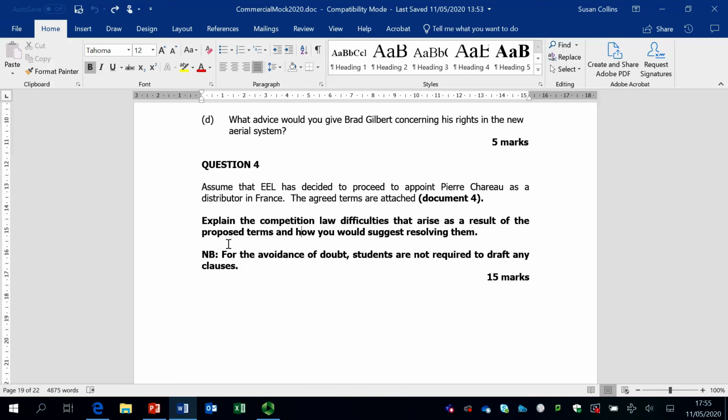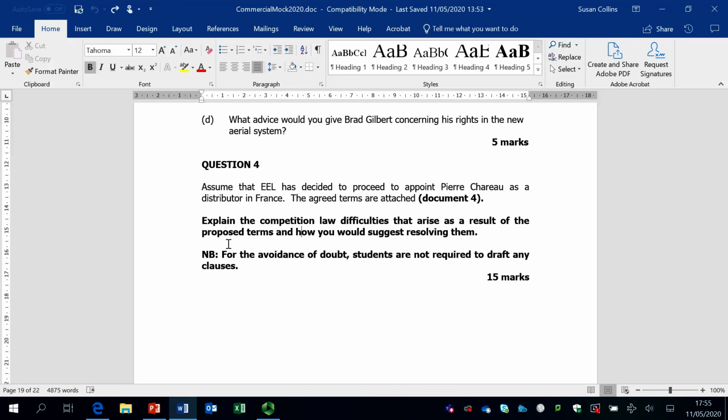You'd only do that if you were too big in terms of market share to bring yourself within the block exemption. In all of those cases, the same types of clause would cause problems in terms of things that are prohibited. So you can't have anything that is price fixing, or that is an export ban.